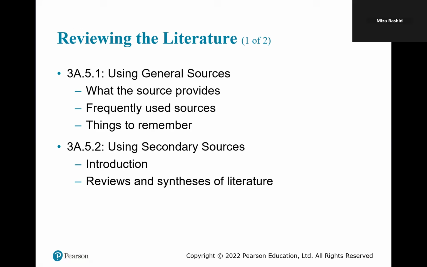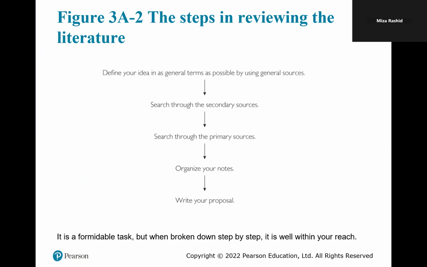Meaning that they take other people's papers, read them, and use whatever definition and conclusion has been provided by the original author and come up with their own conclusion. So what are the steps required in conducting your literature review? First of all, define your idea in as general terms as possible by using general sources.